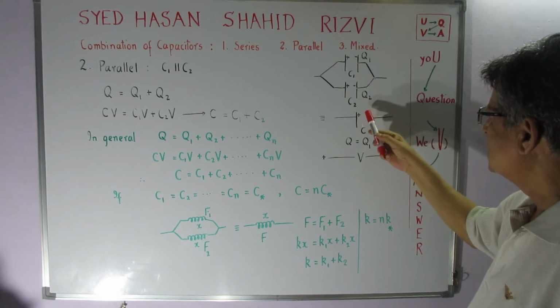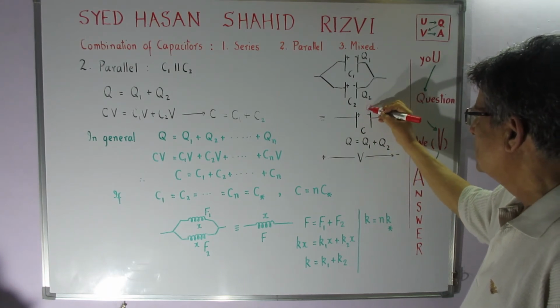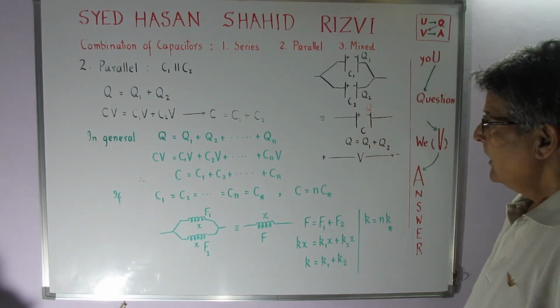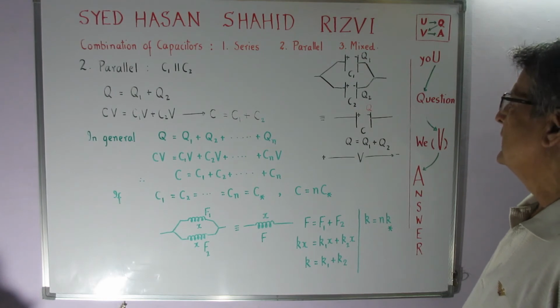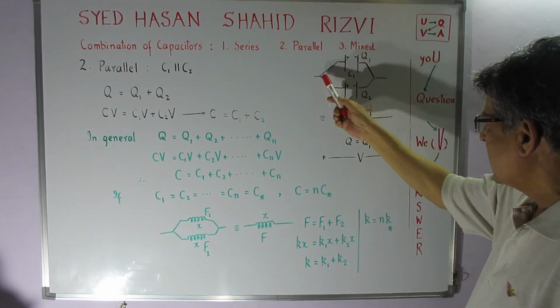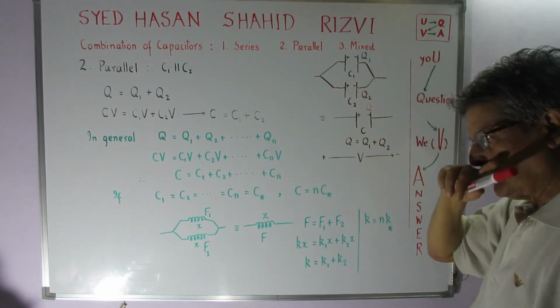I have this charge Q over here. So the charge Q will be equal to Q1 plus Q2. Very simple. The key thing over here is that the potential difference across this and this will be the same as that across the combination.